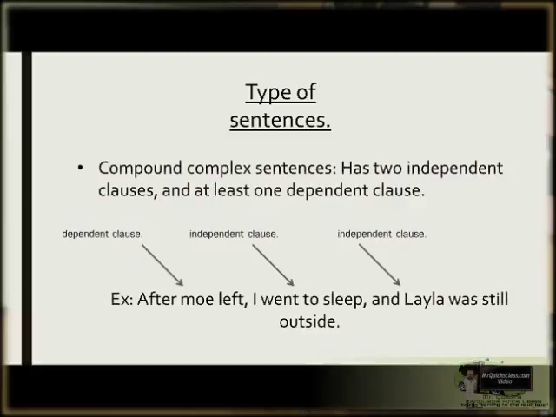After Mo left, I went to sleep and Layla was still outside. After Mo left is the dependent clause. You separate it by using a comma. I went to sleep, that's an independent clause because it's a full thought, and comma, and Layla was still outside. Layla was still outside completes a full thought. So you can see it has two independent clauses and a dependent clause.